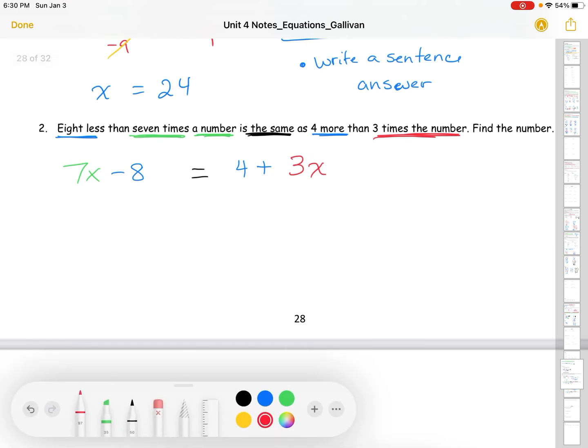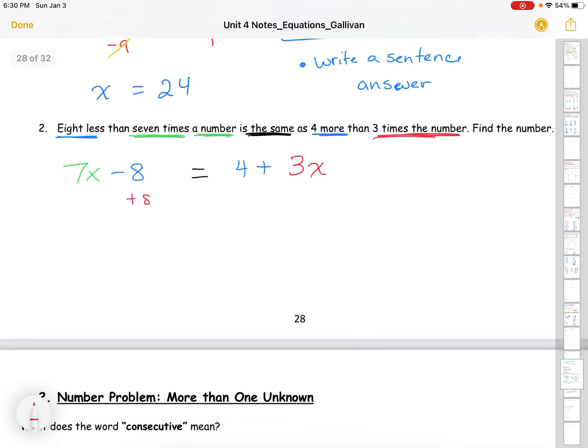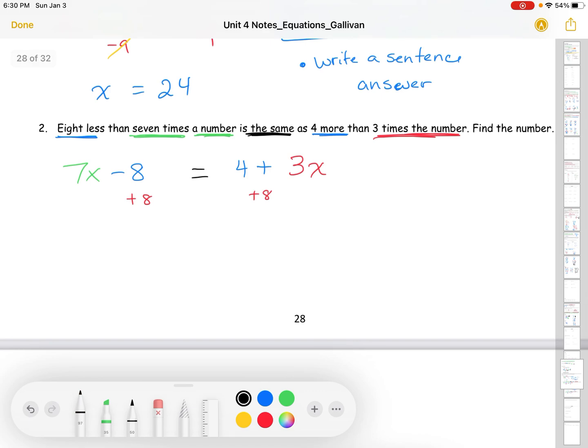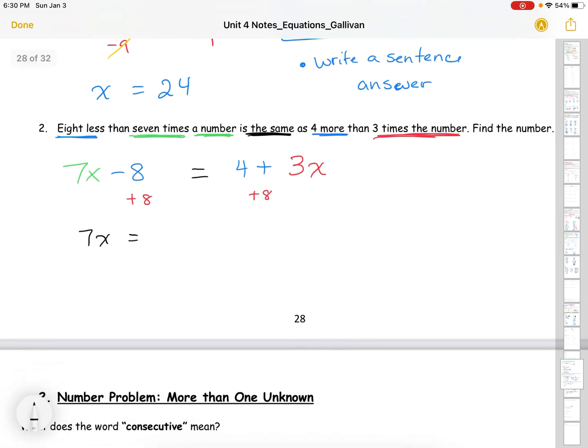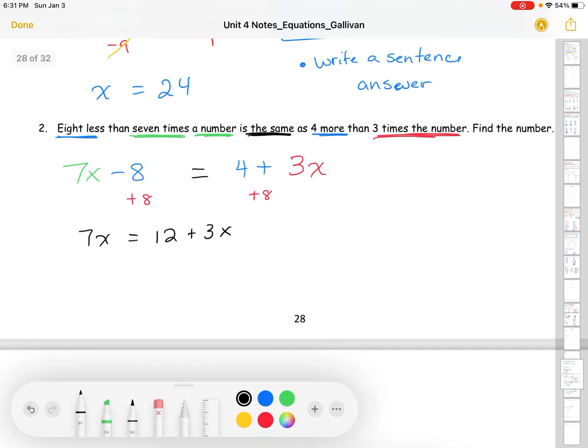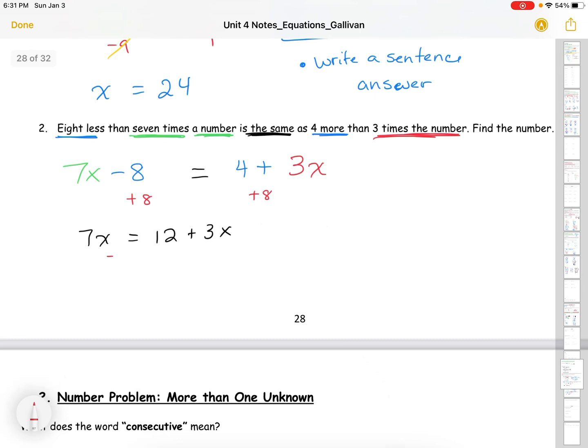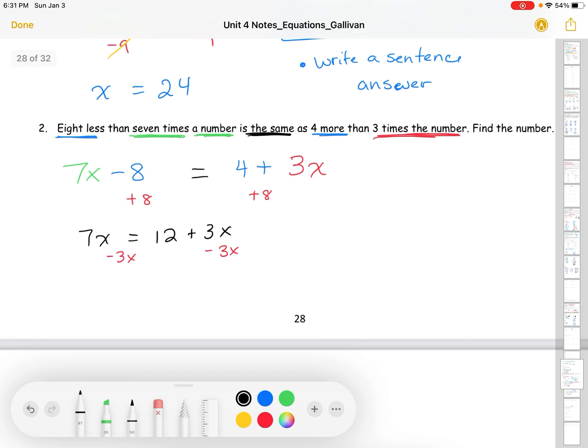All right, now we're going to find the number. Now we have things on both sides, but just like we always do, we're going to just follow our procedure. So I'm going to add 8 to both sides. Okay. So when I do that, I'm going to get 7x equals, what's 4 plus 8? Well, it's 12 plus 3x. And I'm going to move that 3x over, so I'm going to minus 3x from both sides.